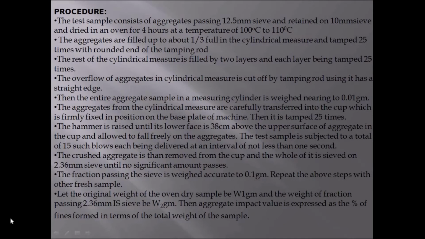The original weight of the oven dry sample was taken as W1 grams and the weight of fraction passing through 2.36 mm IS sieve was taken as W2 grams. Then the aggregate impact value was expressed as percentage of fines formed in terms of the total weight of the sample. In order to understand the procedure in a better way, let's watch a video.